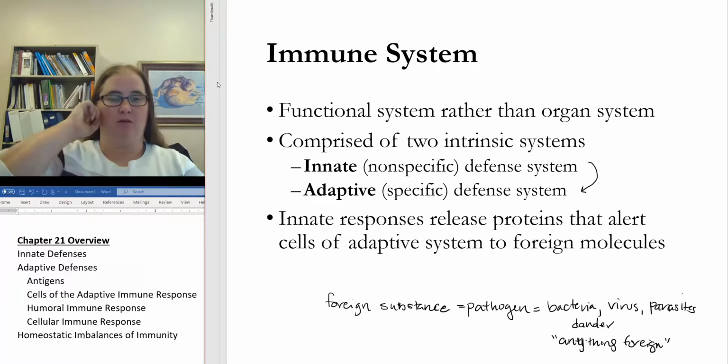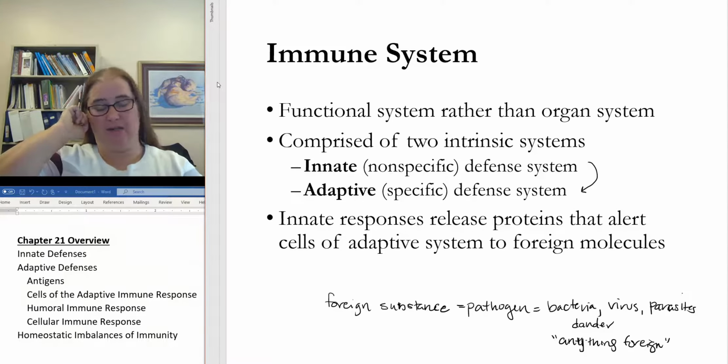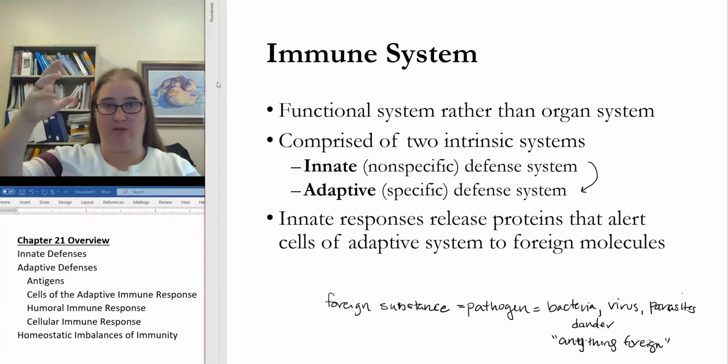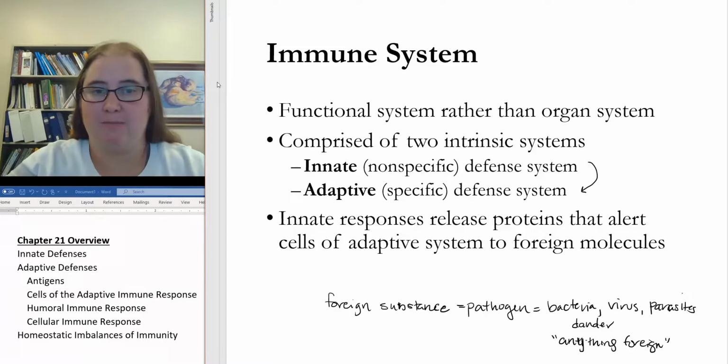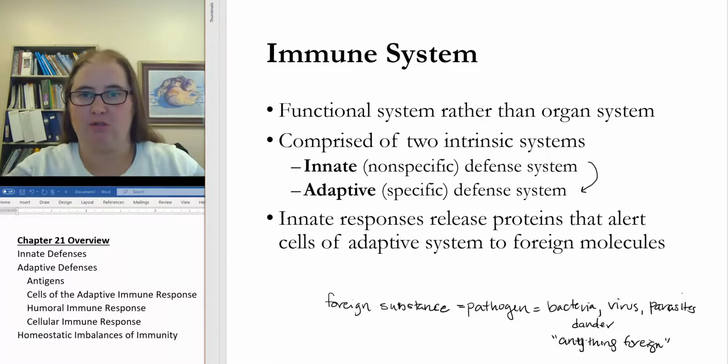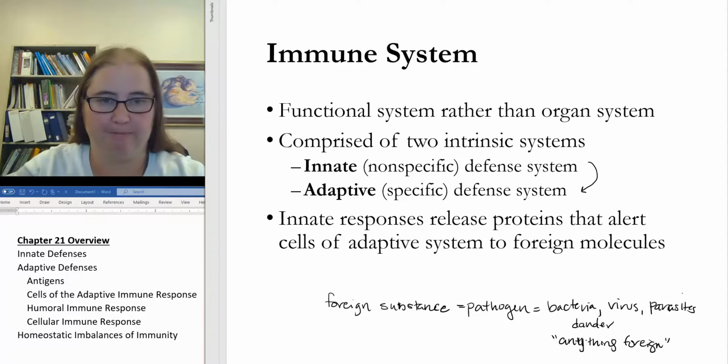Okay, so a pathogen is typically a disease-causing agent, however, for the sake of the immune system, I will often use pathogen as just a foreign substance. Okay, if you're taking microbiology right now, you know that that's not a true statement, but you get the gist of what I'm trying to say.